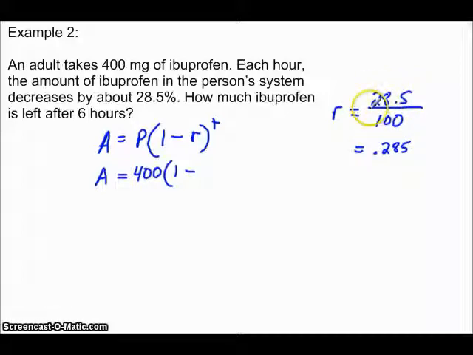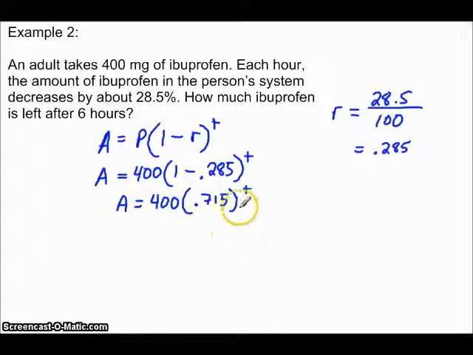You can just move the decimal place 2 spots, but sometimes people mess that up when it's a single digit percent, but this is okay. So this is 1 minus 0.285 to the T. And I'm going to simplify this. So it's just going to be 400 times, 1 minus 0.285 gives me 0.715, and that's to the T.